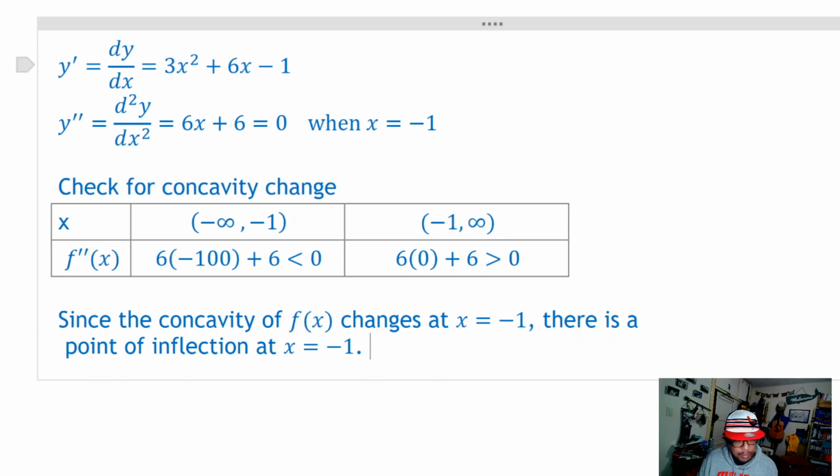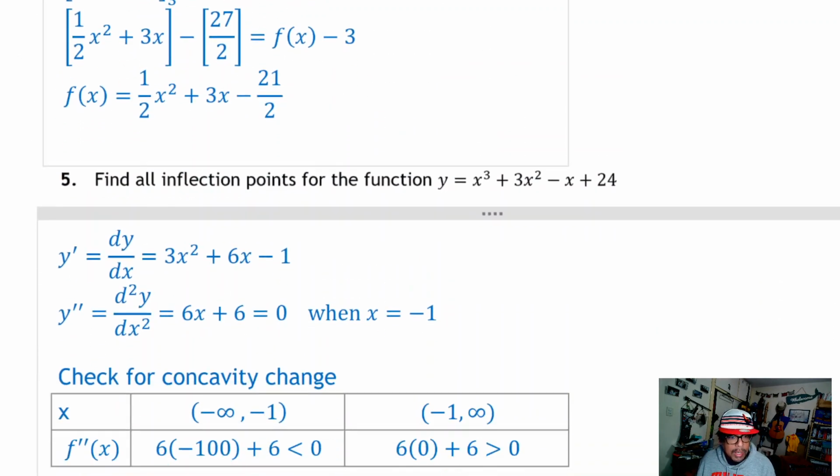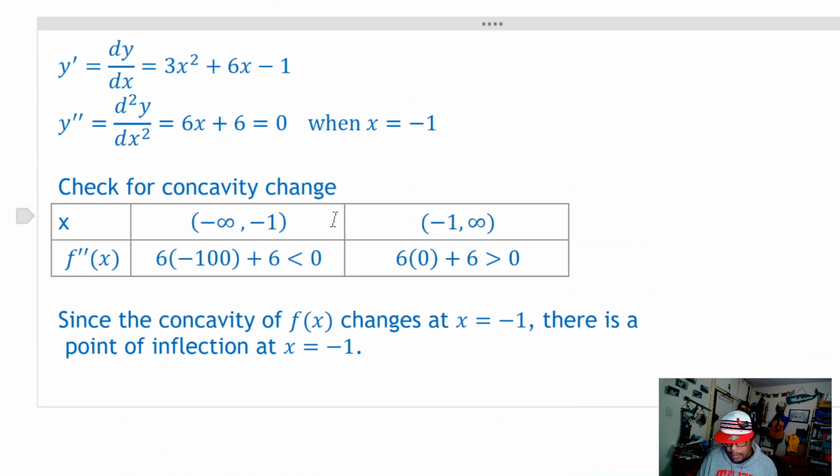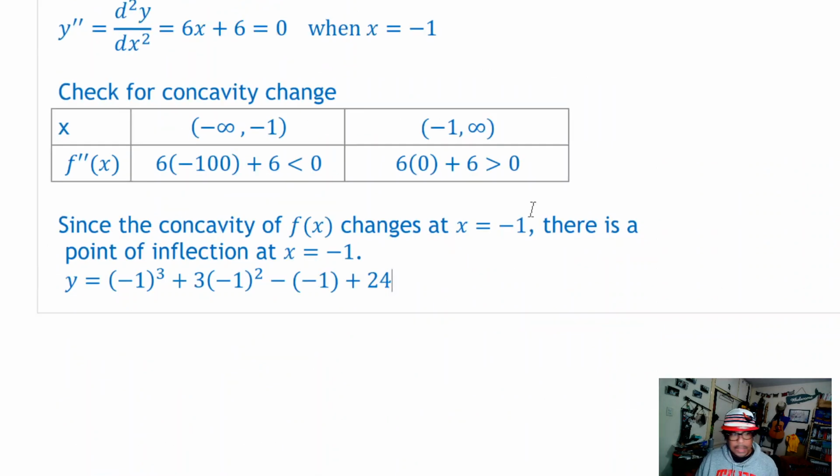If the x coordinate is -1 and I substitute a -1 into my function, so we get our y coordinate is -1 to the third power plus 3 times -1 to the second power minus a -1 plus 24. Let's copy that and simplify it.